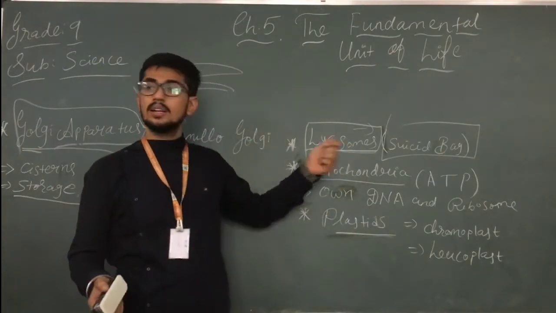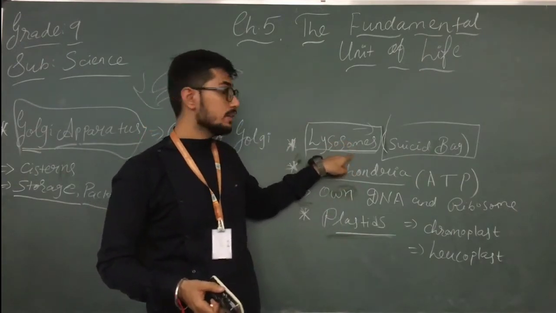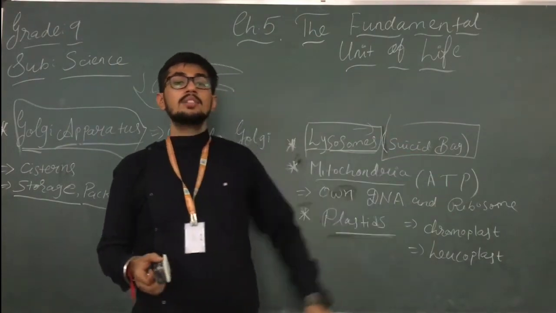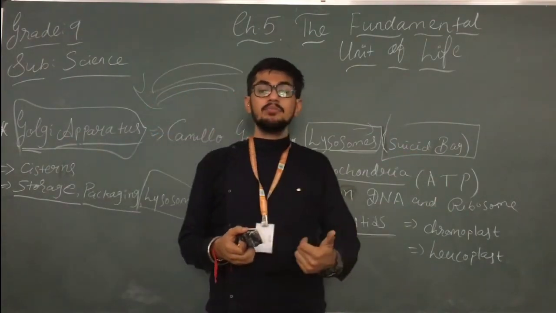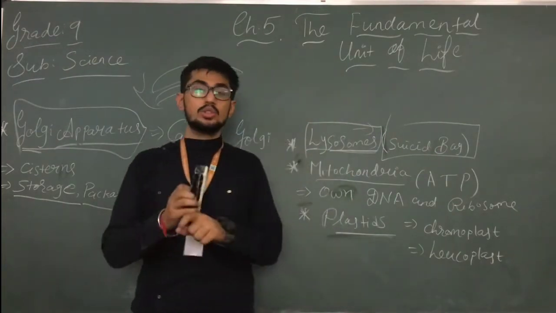So lysosomes have a lot of enzymes in them, and lysosomes protect us from foreign particles. Also they work as a suicide barrier. एक सिंपल चीज है, अगर कोई सेल कैंसर में कन्वर्ट होने वाला होता है तो उसको डाइजेस्ट कर देंगे, उसको डिस्ट्रॉय कर देंगे.